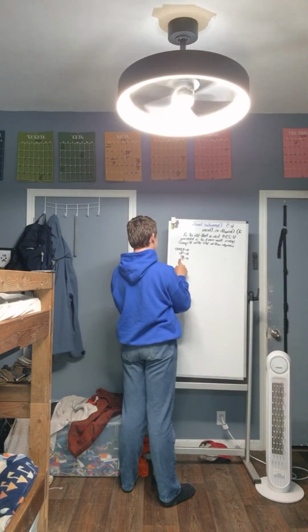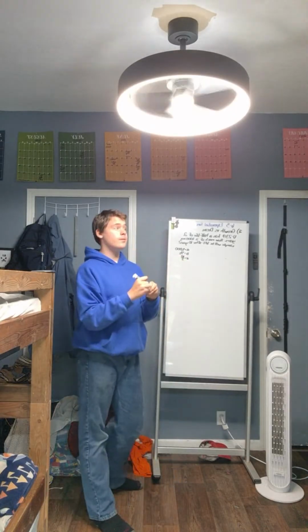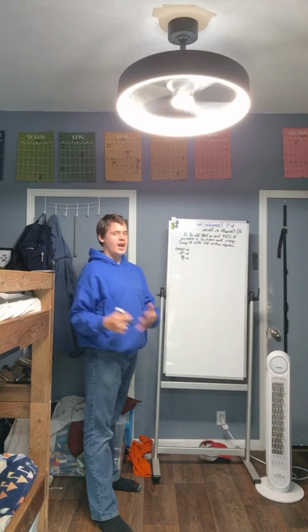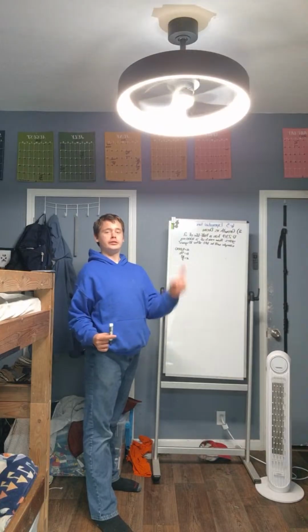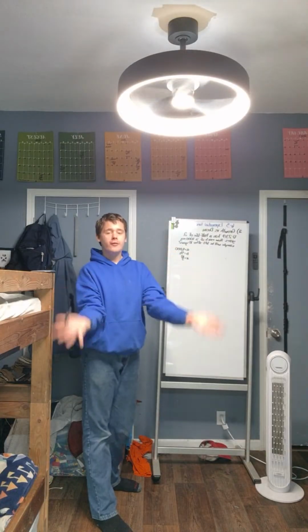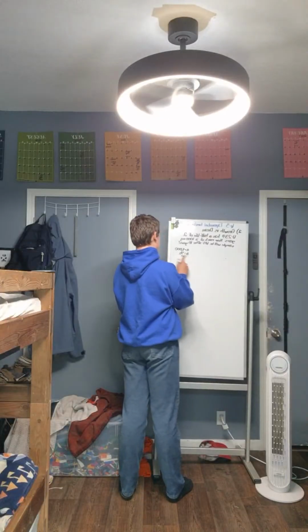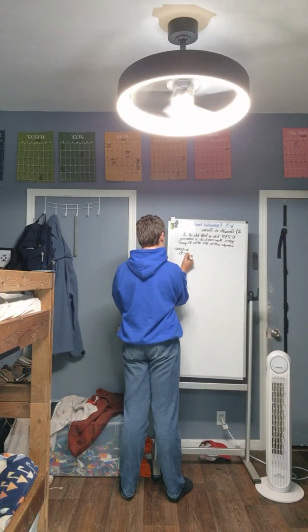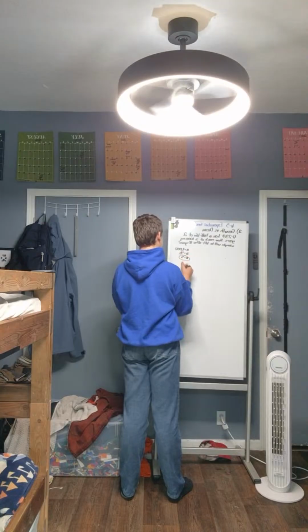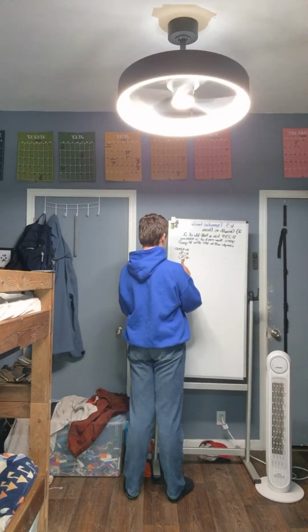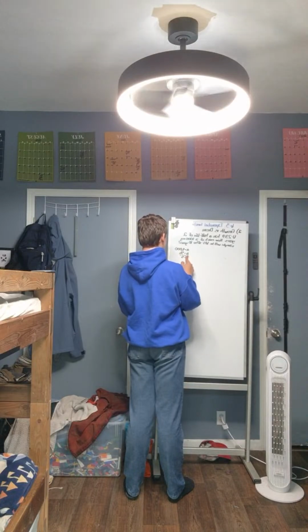Ten is there because the total time is 10 years. The half time is 2 years. What's 10 divided by 2? 5. So we would have X equals 5. But we're not even in the problem yet.